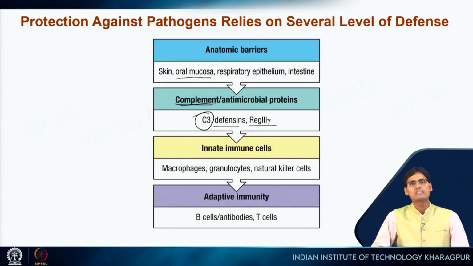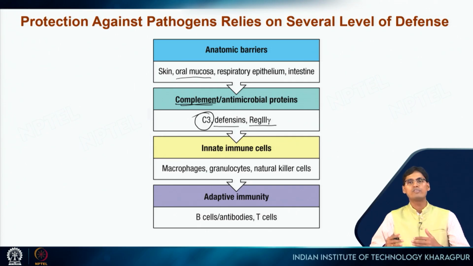After that, we have different types of innate immune cells. Those are mostly phagocytic cells, for example macrophages, as I already mentioned, and also some granulocytes and natural killer cells, which are also part of our innate immune system. Those are the different layers. Whenever we get infected, first the innate immune system tries to protect us.